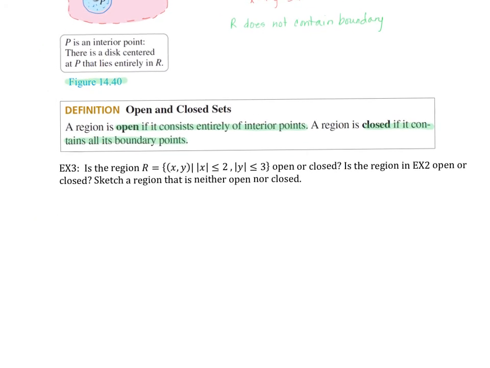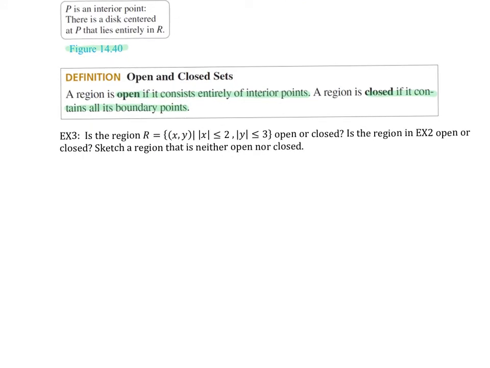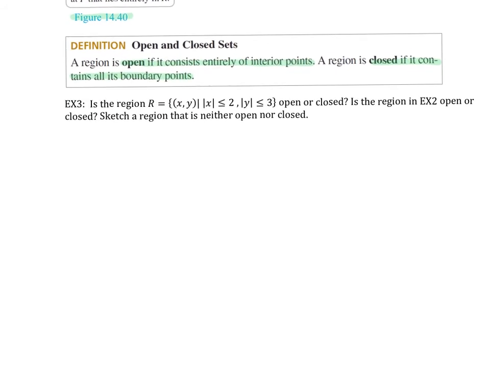In example 3, we have this region. Absolute value of x is less than or equal to 2. Absolute value of y is less than or equal to 3. And we want to see if it's an open or closed set. So first of all, I'm going to just do a quick sketch of my xy plane. The absolute value of x less than or equal to 2. I'll pretend like this is 2 and negative 2.